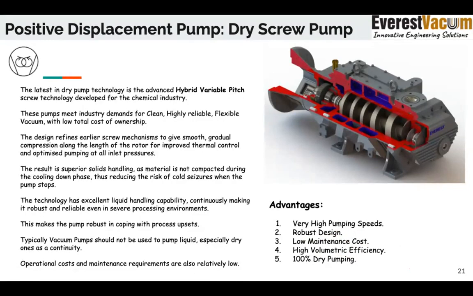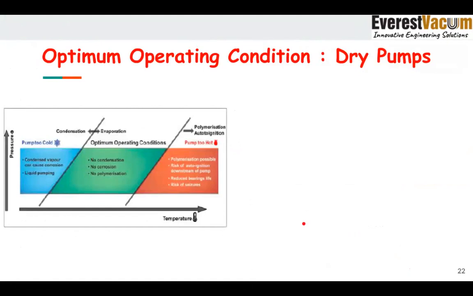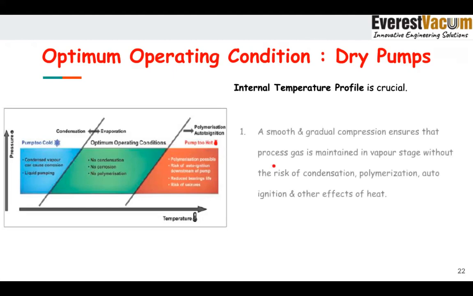Now we'll go to a very important topic, which is optimum operating condition. So how do you decide and how do you define optimum operating condition? When we are doing dry pumping, the internal temperature profile becomes very crucial. Now, what is the internal temperature profile?